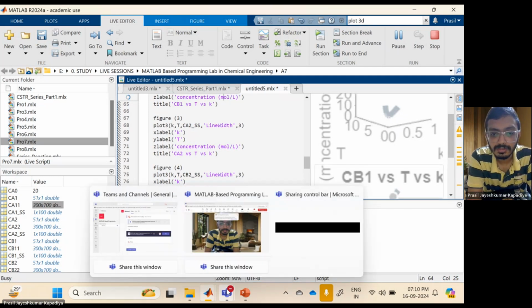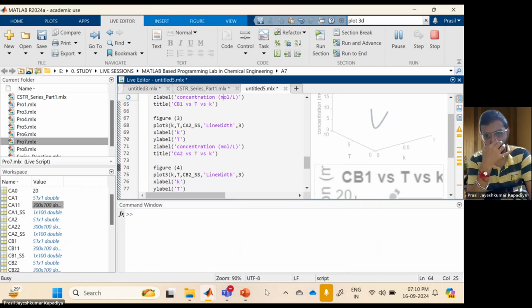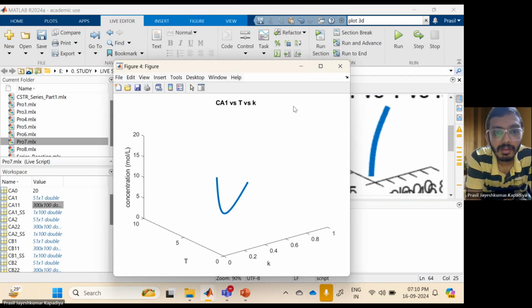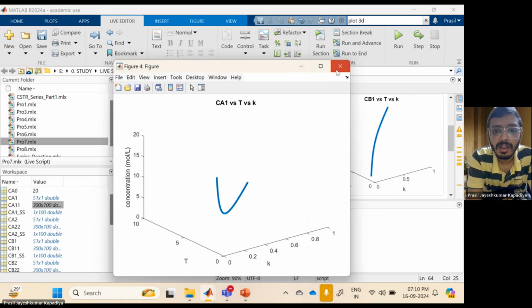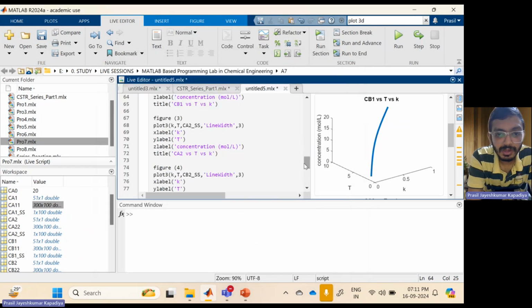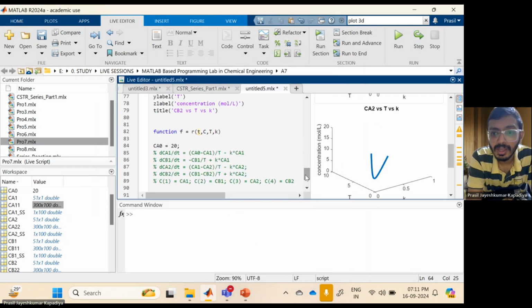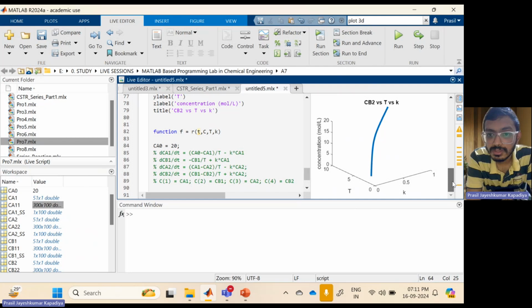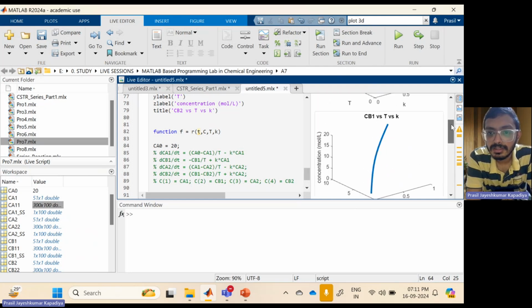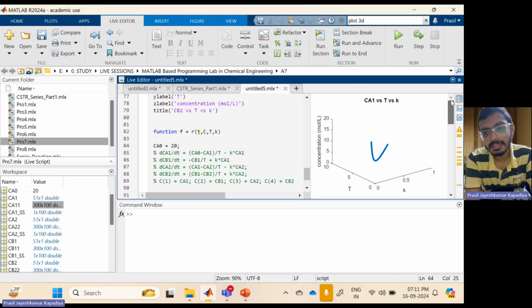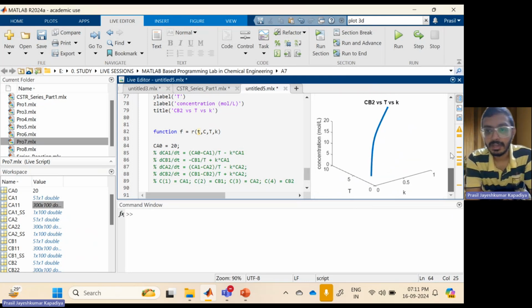Running. Okay, so this is figure 4. Oh, I have not changed the name of the figures. Yeah, I have changed. Okay, so this is CB2 versus time. This is CA2 versus time. This is CB1 and CA1. These are all four plotted with respect to rate constant and time.